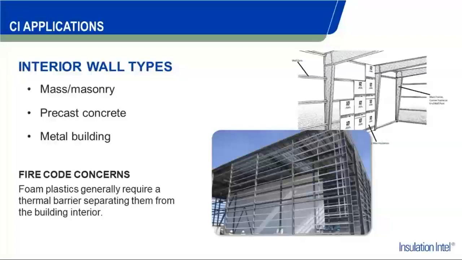If you are using it for a tilt-up wall system, you can apply continuous insulation on the interior, and the insulation can be left exposed if desired. You just have to consider the fire code scenarios that you're designing for, and how to treat interior insulation.